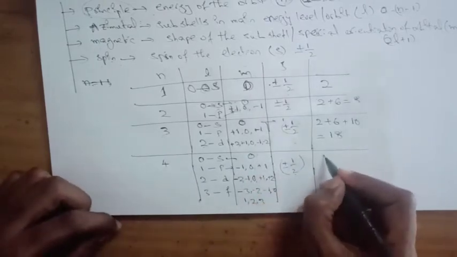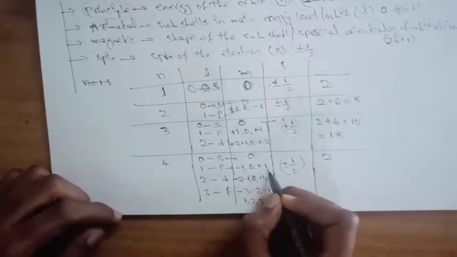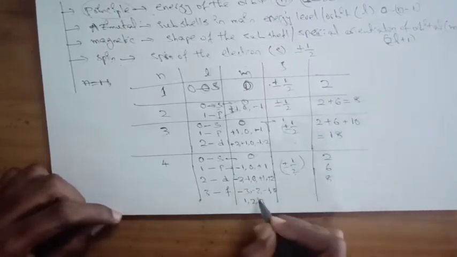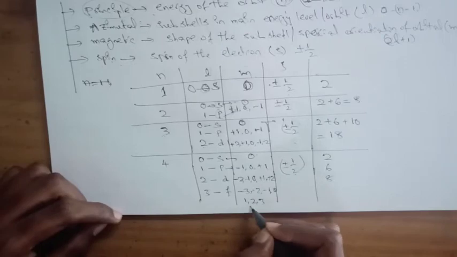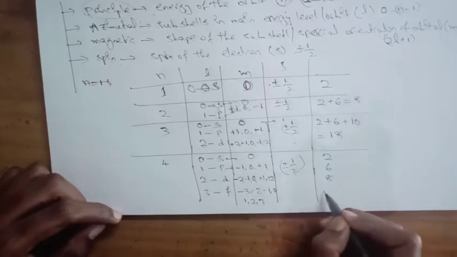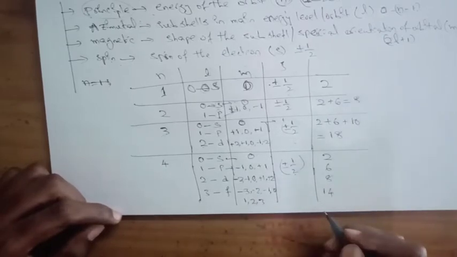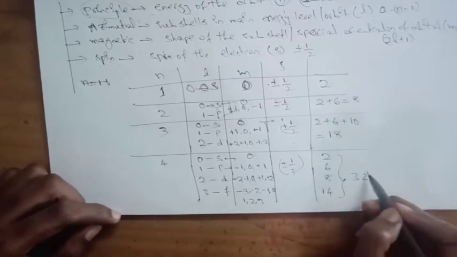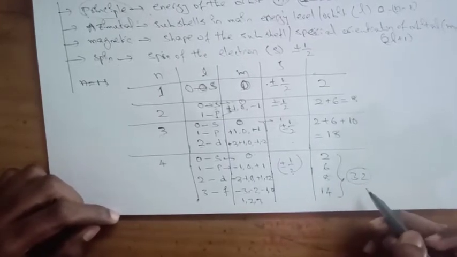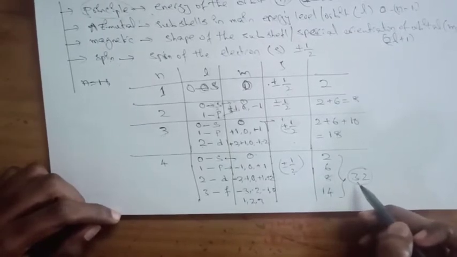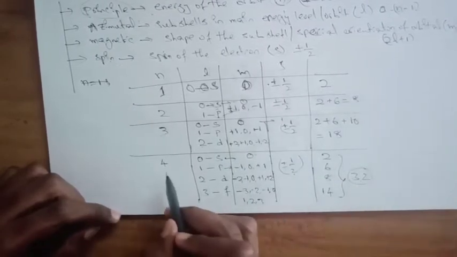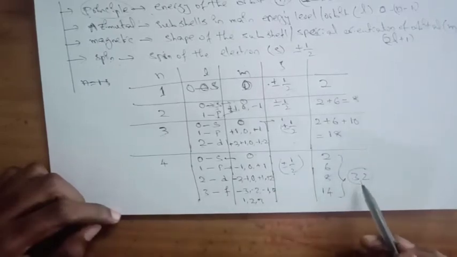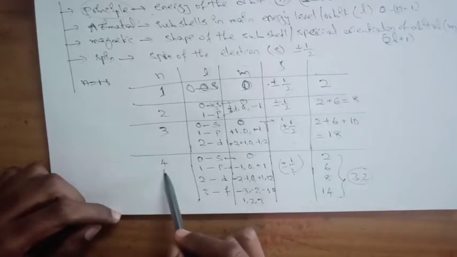For the s orbital it becomes 2, for the p orbital it becomes 6, for the d orbital it becomes 10, and for the f orbital it becomes 14. If we add them together it becomes 32. So whenever there are 32 electrons, the principal quantum number becomes 4.